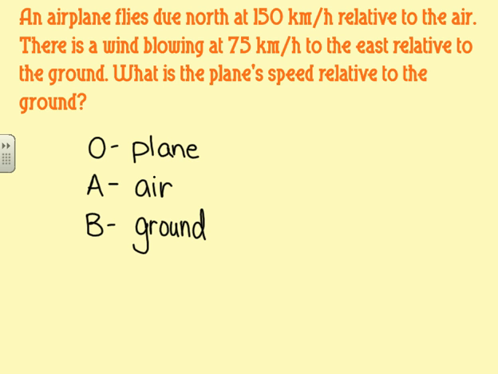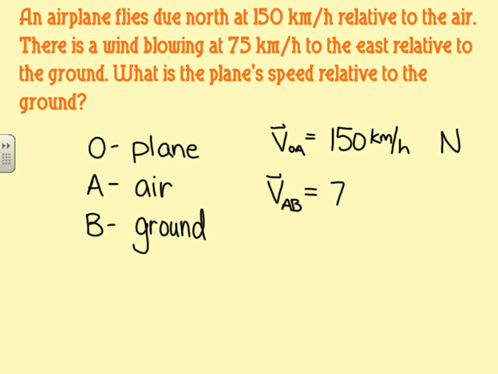It says the airplane's speed relative to the air is 150 kilometers per hour north. It also says that the wind, that's the air, is blowing at 75 kilometers per hour east relative to the ground. That's the velocity of the air relative to the ground, or VAB.